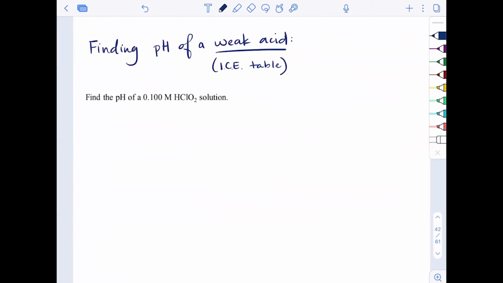Let's dive into that, all right? We're going to find the pH of a 0.1 molar HClO2 solution. Now, noting that this is a weak acid, we need an ICE table, all right? HClO2 plus water, we will always use this equation, yields H3O+ and ClO2 minus.